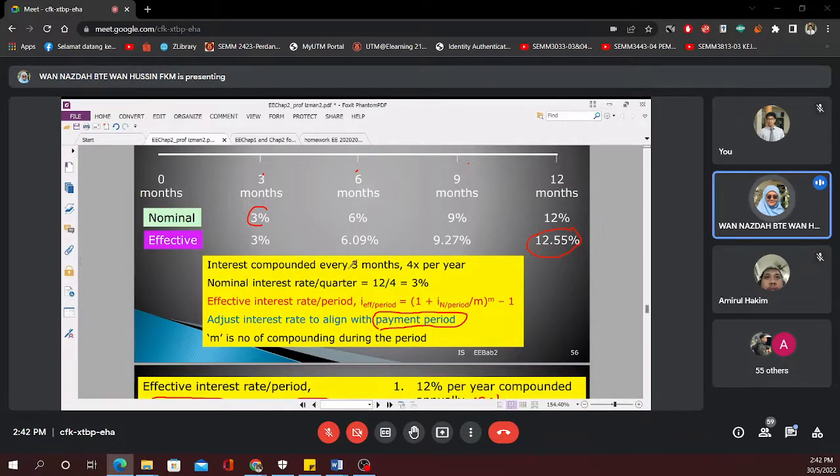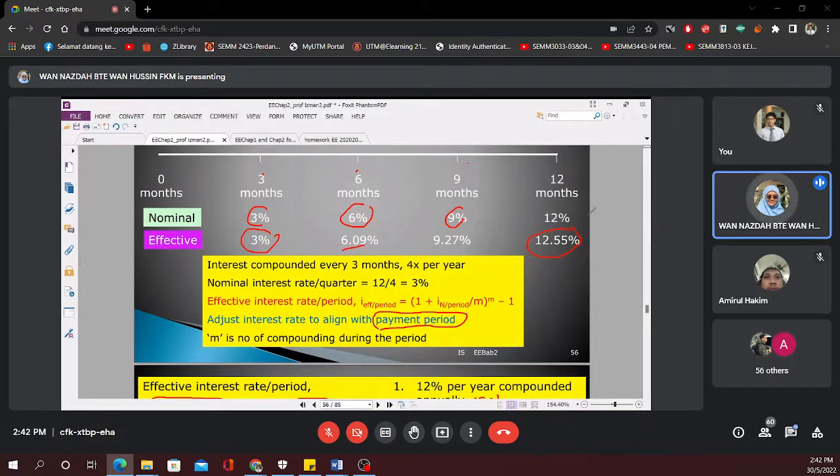So at the end of 3 months, I effective 3%. Kalau using I nominal at the end of 6 months, dah jadi 6%. Kat sini 9, kat sini jadi 12. Tapi I effective dia dah tak jadi 6 tapi dia jadi 6.09.